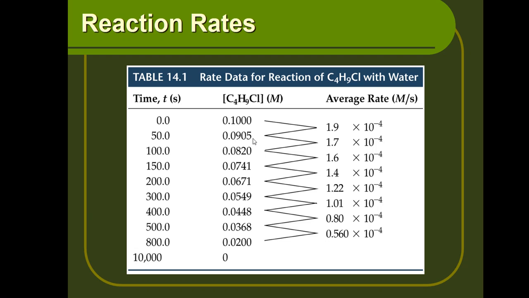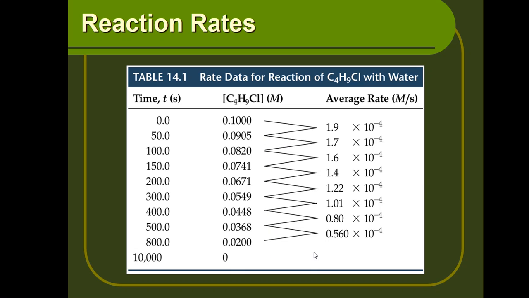Now, what do you think will happen if you take a pair of values that are very far from each other? Like, let's say this 0.1 and then this 0.02. Your answer will be very far from the answer that is appearing here, primarily because you have taken the average of the first concentration and the last concentration, which is very crude because you're starting with the beginning and the end, rather than having it monitored over a certain time duration.